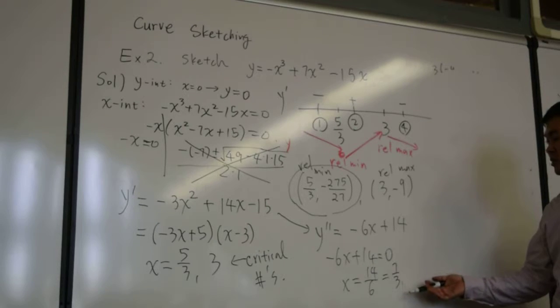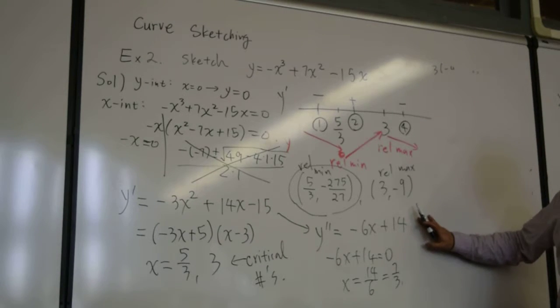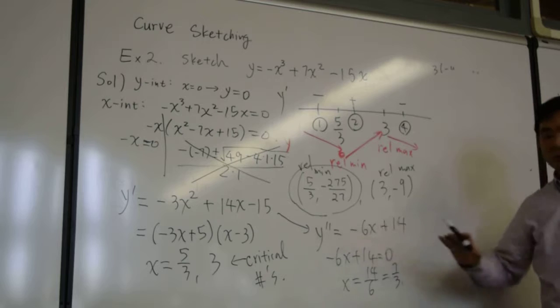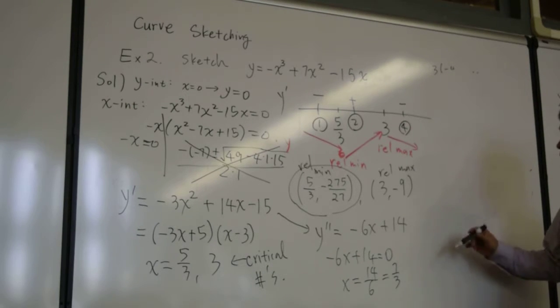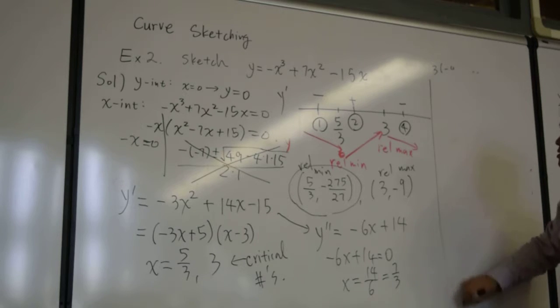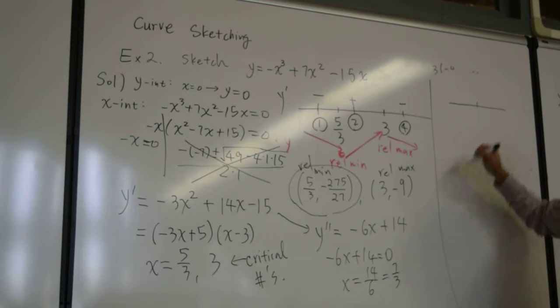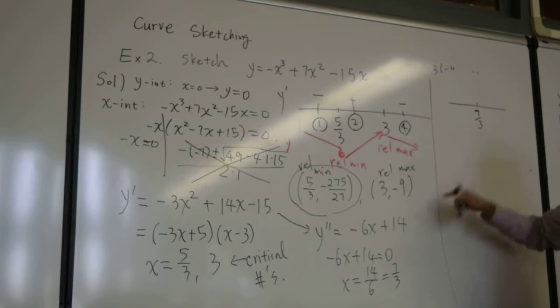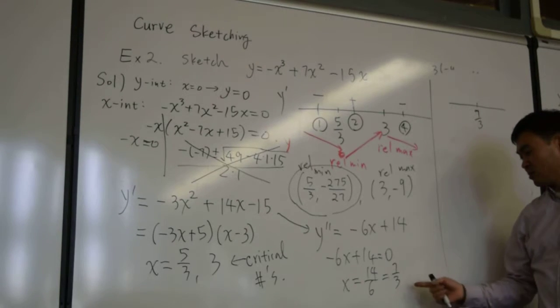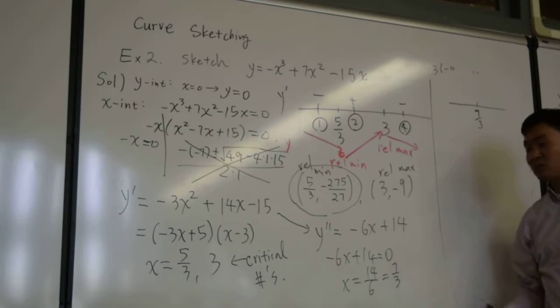It doesn't guarantee, I mean, y double prime being 0 doesn't guarantee an inflection point. It must have a sign change before and after. Because this is a linear function, it's probably going to change its sign afterwards.